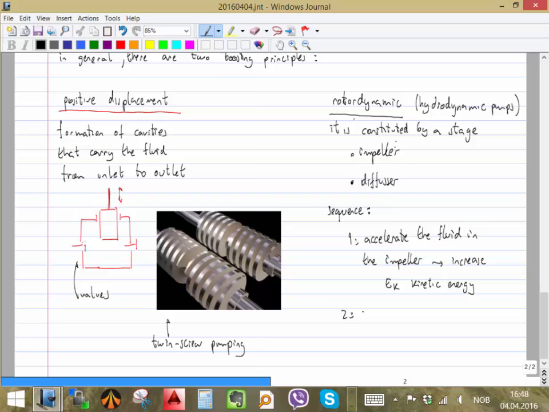So what we want to do is increase pressure, that means diffuse, change from kinetic energy to potential energy. Okay, and in this case, this form of potential energy is pressure. And that's done in a diffuser.